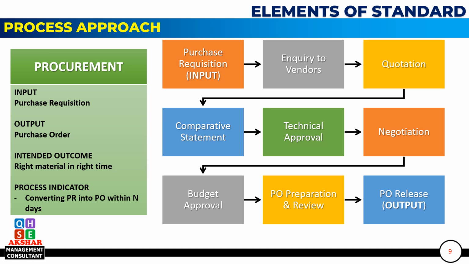These set of activities are framed into standard practice, and it is called standard procedure. Let us repeat: process means converting input into output, and procedure means set of activities in sequence from input to output. It is now clear that process is not called procedure.